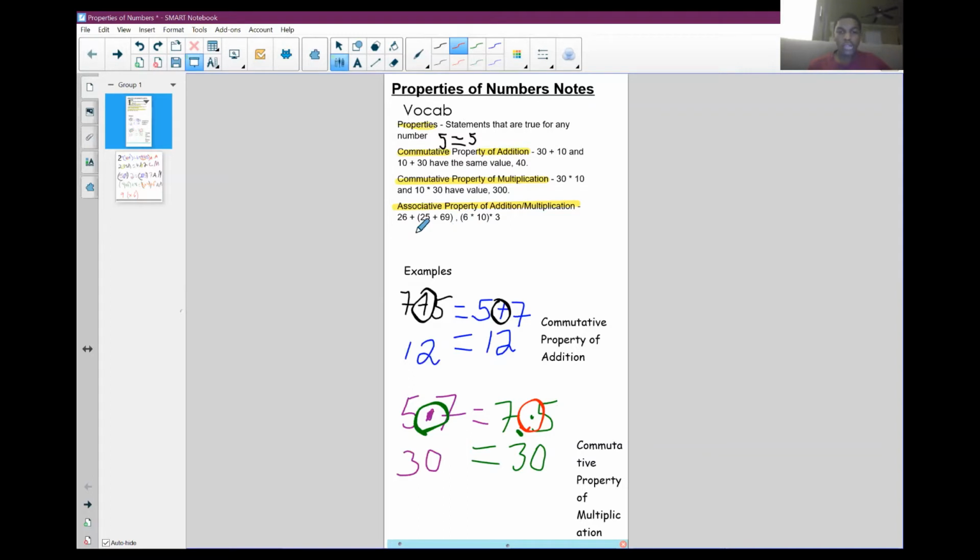So always look for the parentheses first, and then second, see if it has either addition or multiplication. If it has addition, it will be the associative property of addition. If it's times, then it will be the associative property of multiplication.